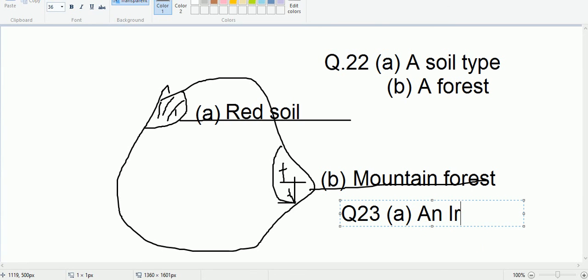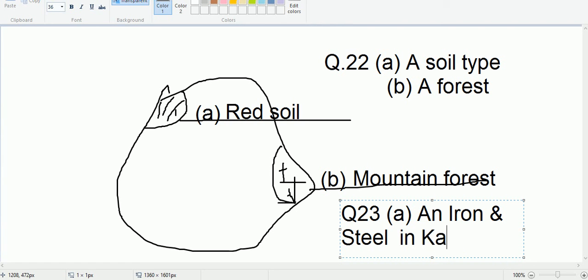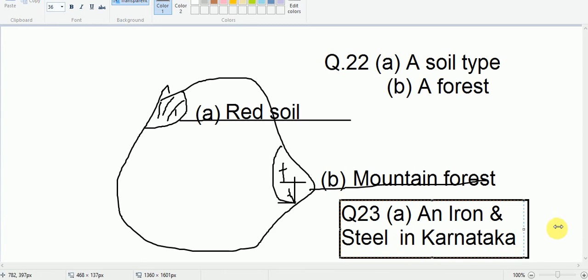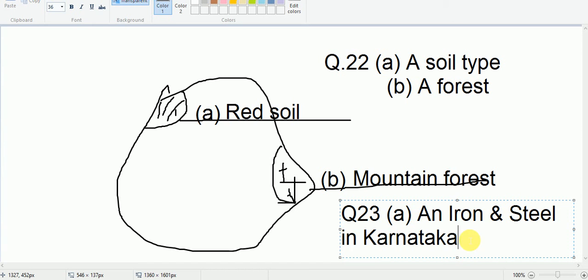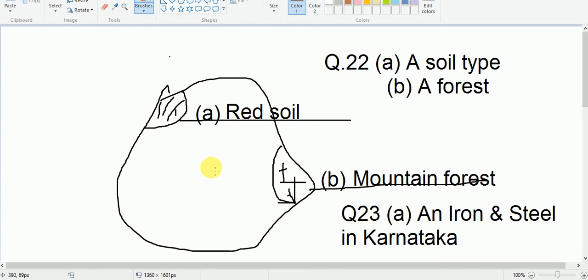Iron and steel industry in, for example, Karnataka. So let us say this is the question. In this case, what to do? This is what I call location. You have to locate on the same map provided by CBSE.